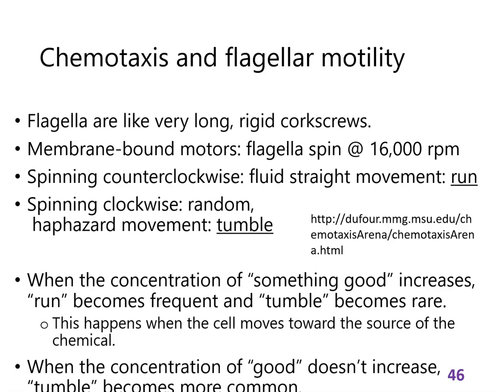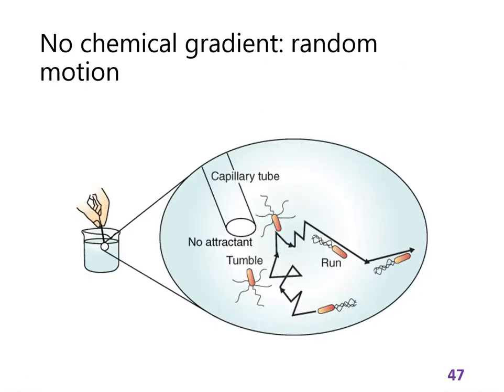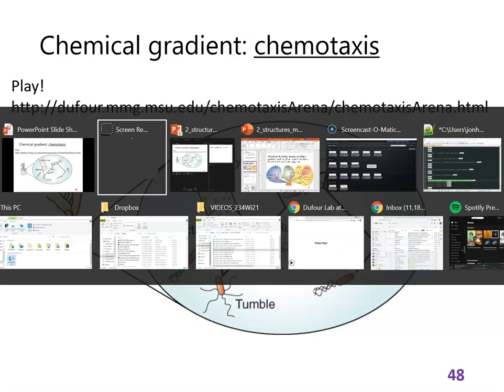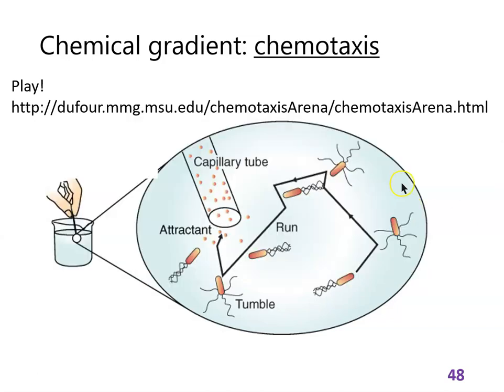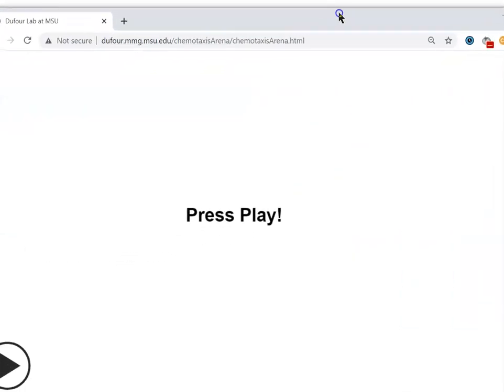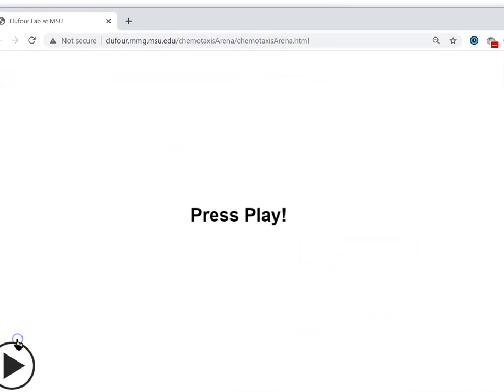If the concentration of the good thing doesn't increase, they'll tumble. And that's what this is supposed to show. But really, I do recommend you go to that link, and this is what you're going to see. If you click the button, that's all you do, you keep clicking this button.